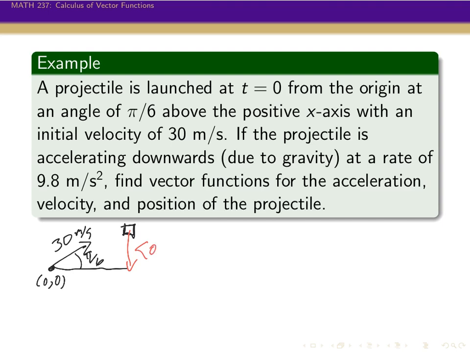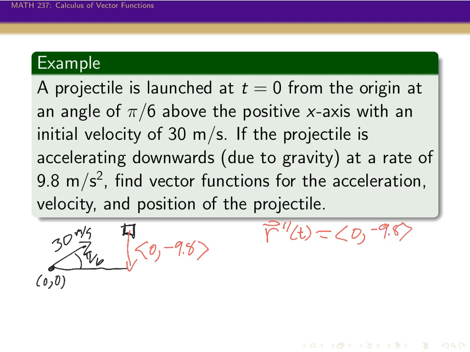So we can write that as a vector. It has no x component, and its y component is going to be minus 9.8. Okay, so we know that our acceleration vector, which is the second derivative, is always going to be 0, comma, minus 9.8.